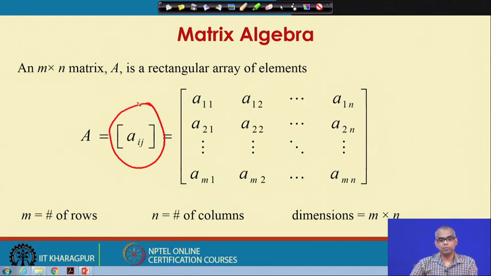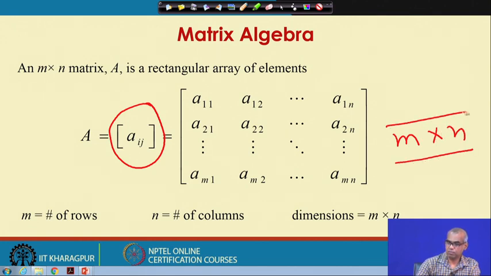If you have a rectangular array where you have m rows and n columns, we say this rectangular array of mn elements is an m by n matrix. So, the dimension of the matrix is m by n.